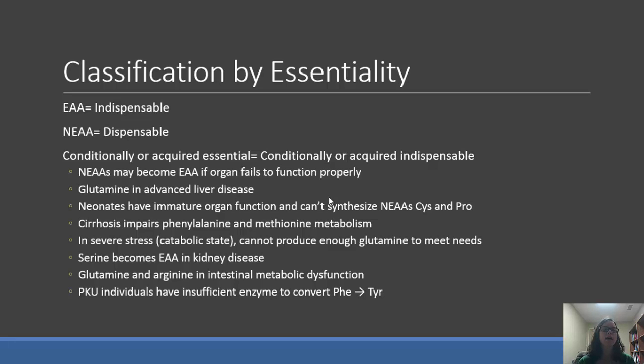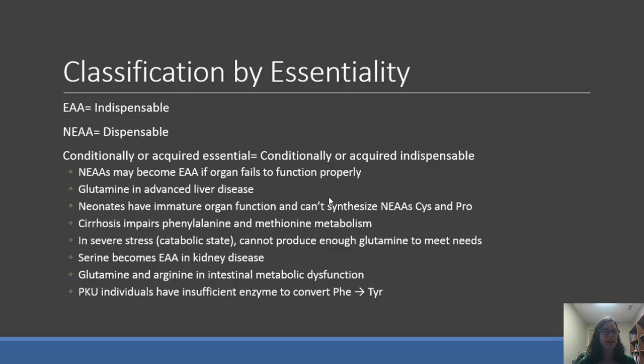So in addition to a protein either being essential or non-essential, it can also be considered conditionally or acquired essential. So this would be a protein that's usually non-essential, but there's some physiological condition that is making the protein essential. This could happen, for instance, if an organ fails to function properly.